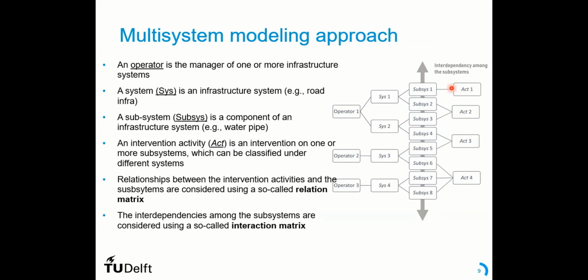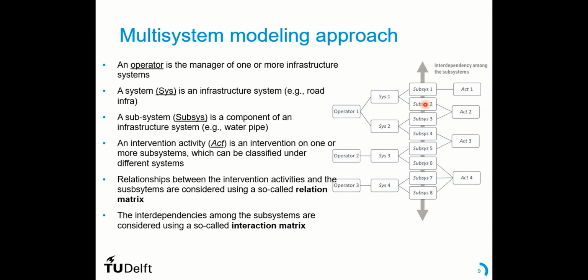And of course, we have relationships between the activities and the components or subsystems here, which are these links. So we model these relations using a so-called relation matrix. I will show you how it looks. So we have a matrix that models these relationships, but the subsystems are also interconnected between themselves. For example, if you have a road with a water pipe underneath, and you want to do maintenance on the water pipe, then you must also excavate the road.